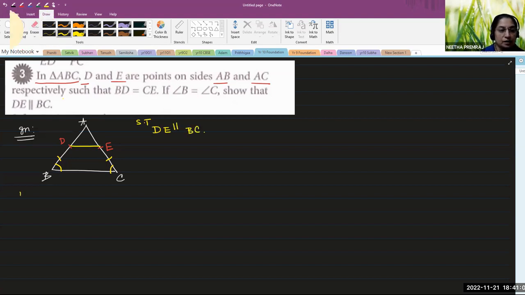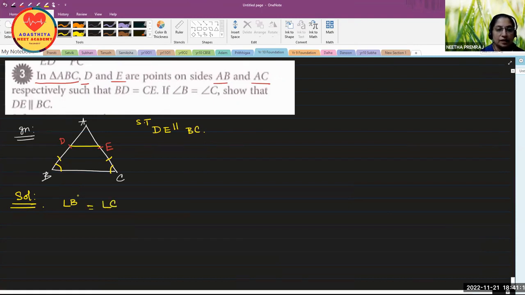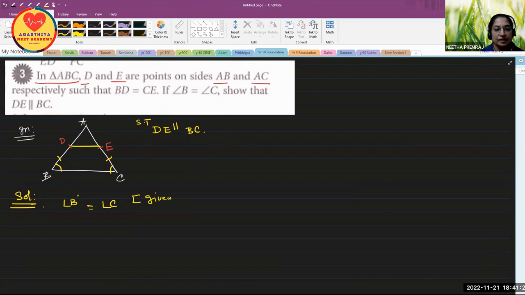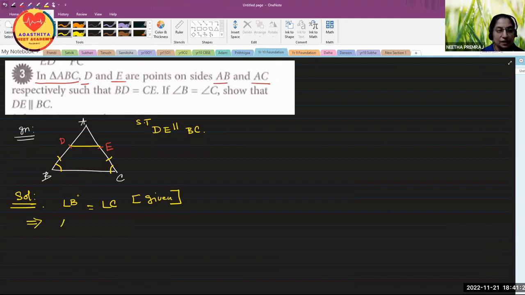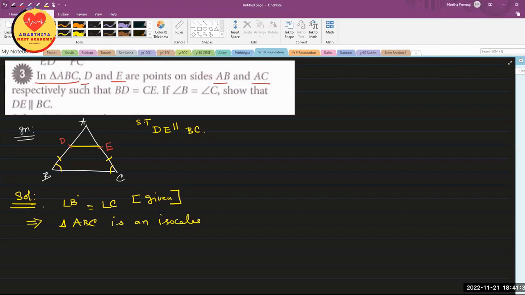So how do you write the solution? See, one thing is very clear. It is given angle B is equal to angle C. Then what kind of triangle is it? Isosceles. Very good. Which implies triangle ABC is an isosceles triangle.